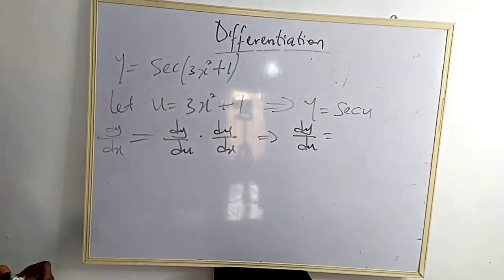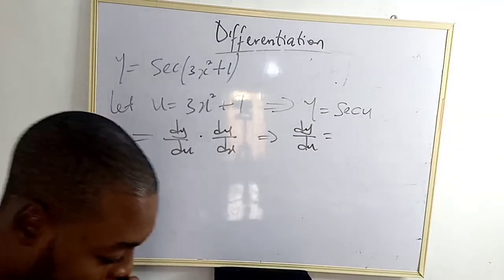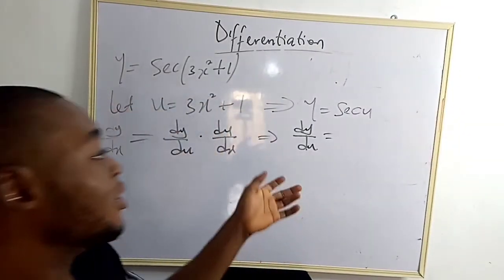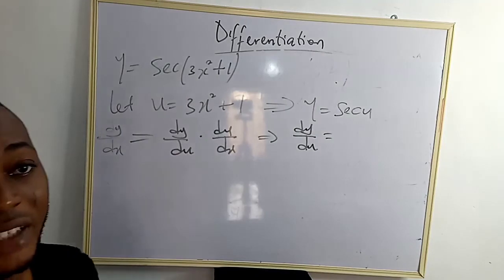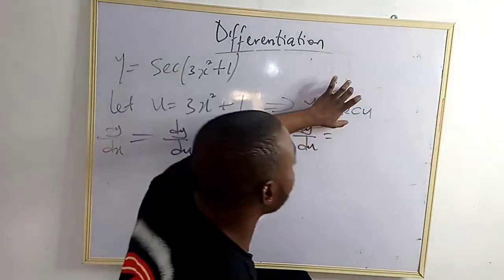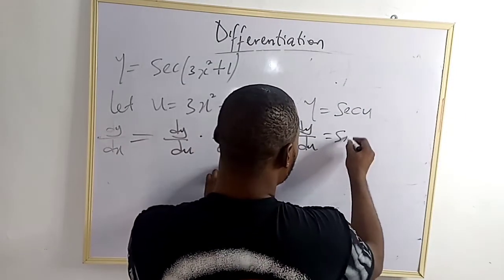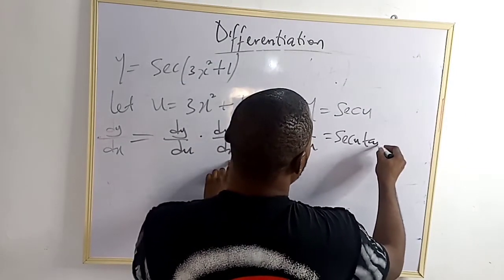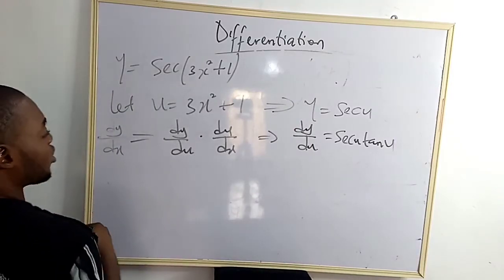The derivative of sec x is equal to sec x tan x, right? So the derivative of sec u will be equal to sec u tan u. So that's dy/du.